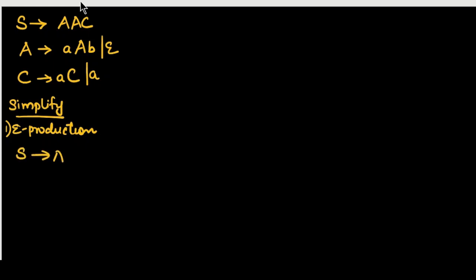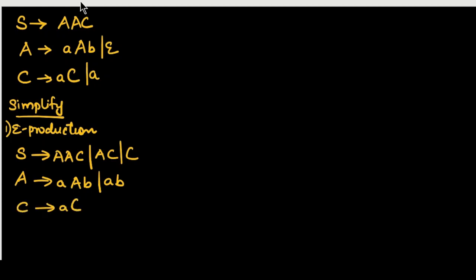Then we have to find the new productions by substituting epsilon for this A. So for S gives AAC, substituting epsilon for A, we will get C. Then A gives aAb, substituting epsilon for A, we will get ab. Then C gives aC or a. So epsilon productions we have removed. Now we have to remove the unit productions.